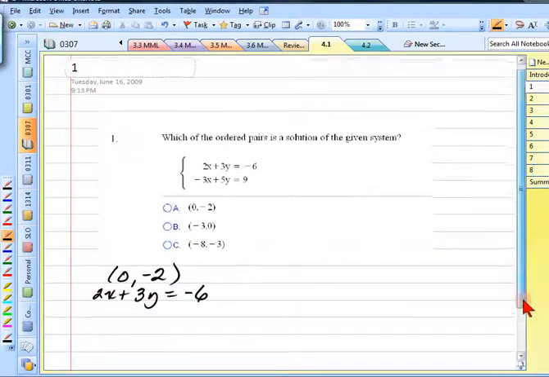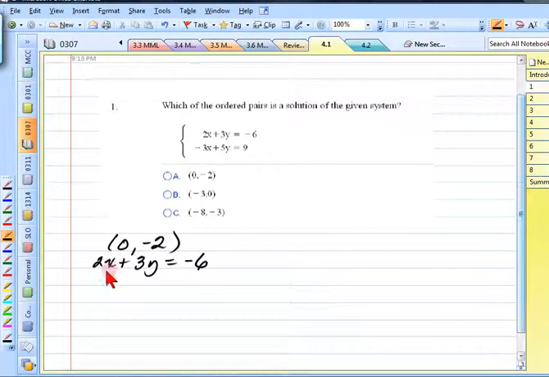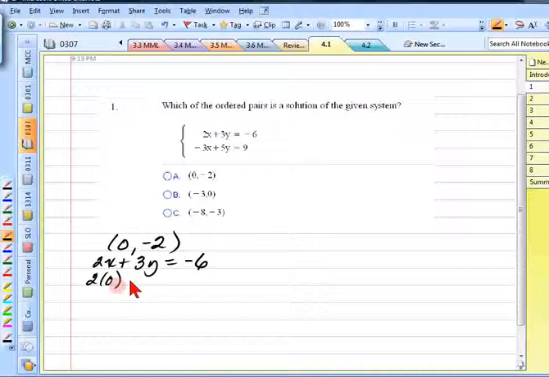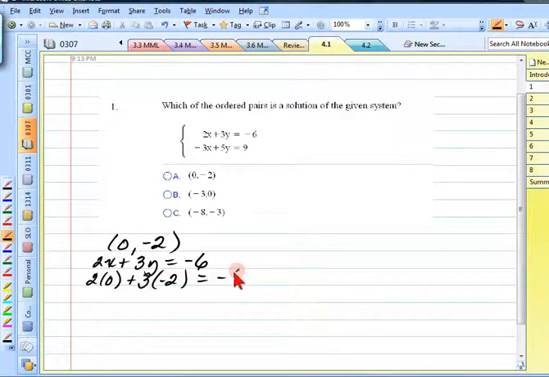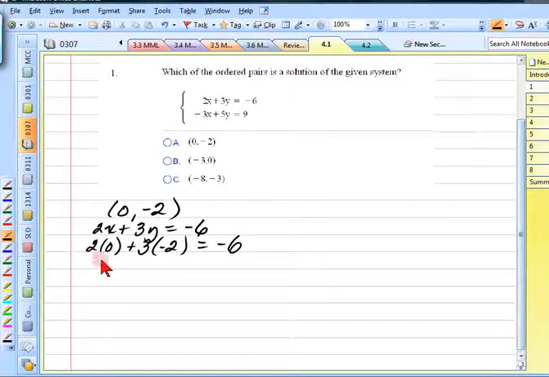And I'm going to plug in x is 0, so that's 2 times 0, plus 3 times -2. Does that equal -6? Okay, if I do that work, 2 times 0 is 0, so that term is gone. I have negative 6 is equal to negative 6, so it's true.